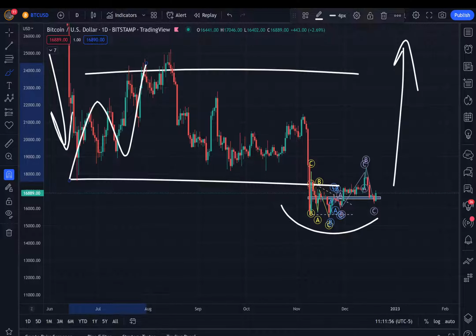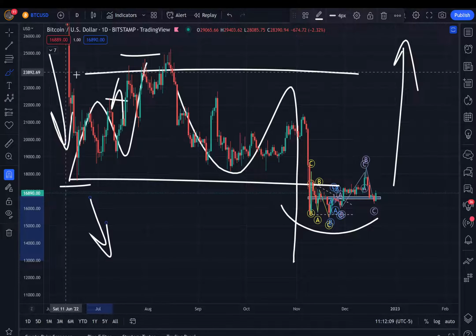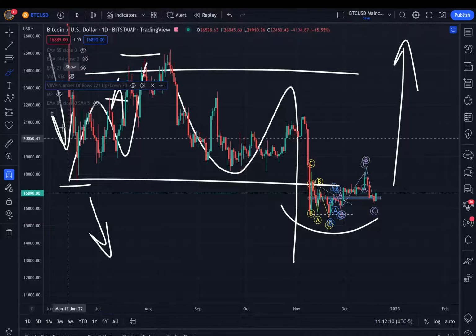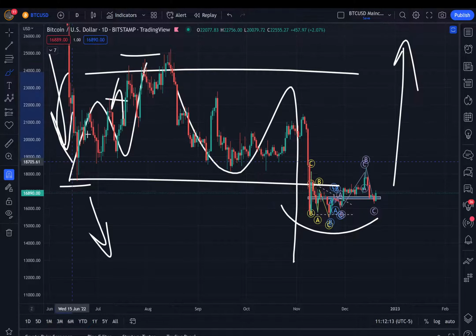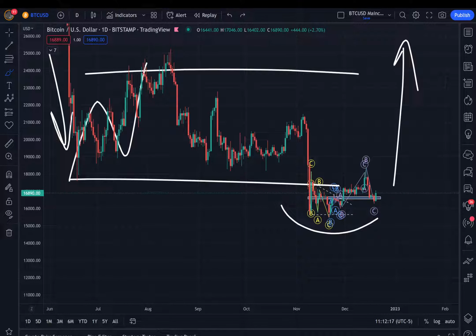Whatever you count as the A wave, which I believe would be this. If this came down beyond 1.618 of this, then it's a violation. It's a continuation of this drawdown. Right here, okay?